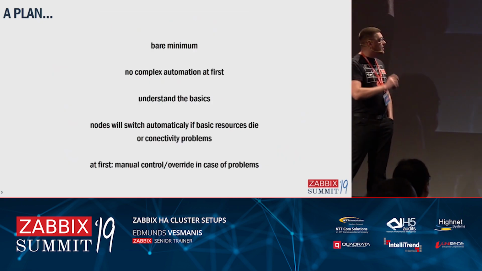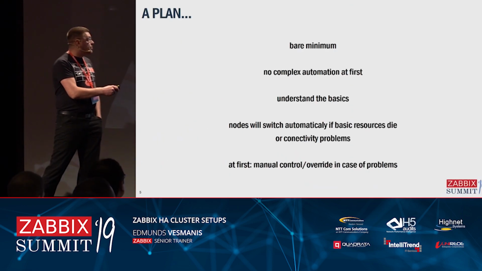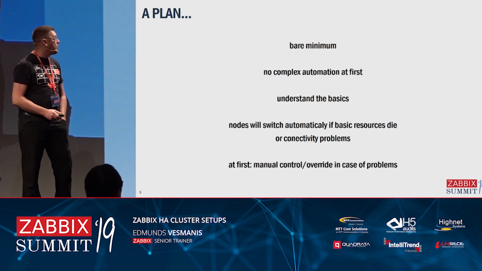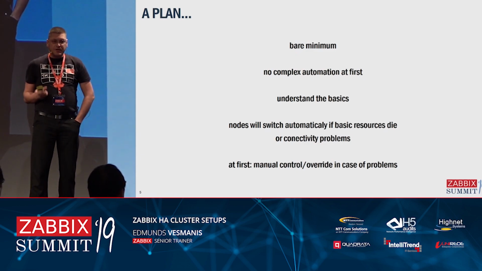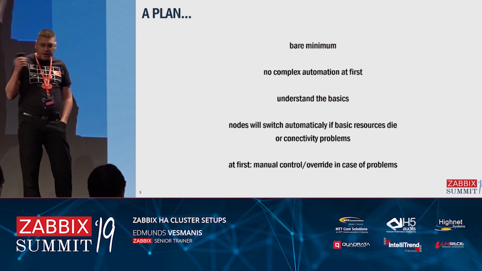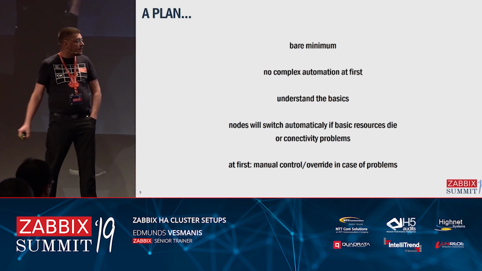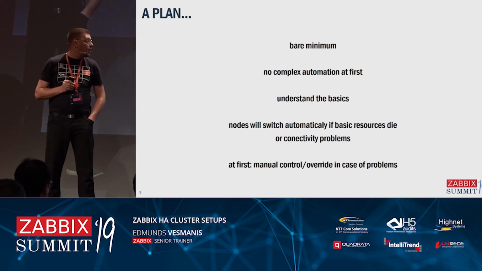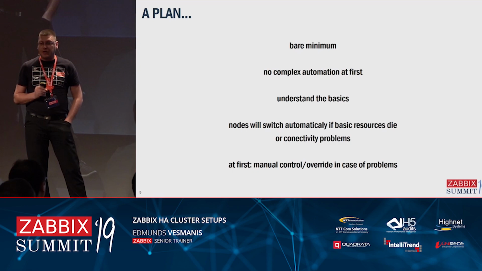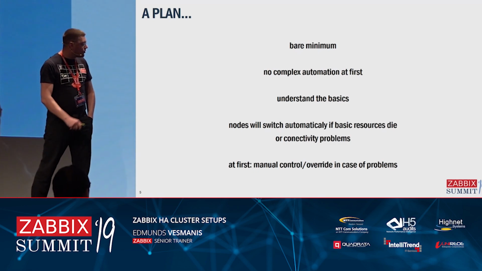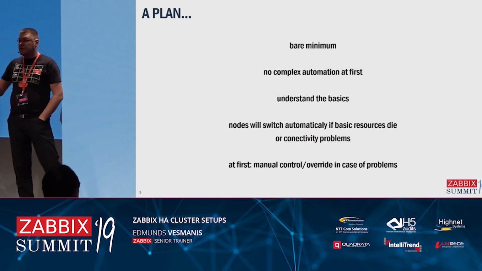As I mentioned, bare minimum, we don't want to overcomplicate things. Let's make it simple. Let's understand the basics, how those things work, how they interact with each other. Nodes will switch automatically if the base resource dies, or we lose some connectivity. And we have a manual control to override in case of problems.